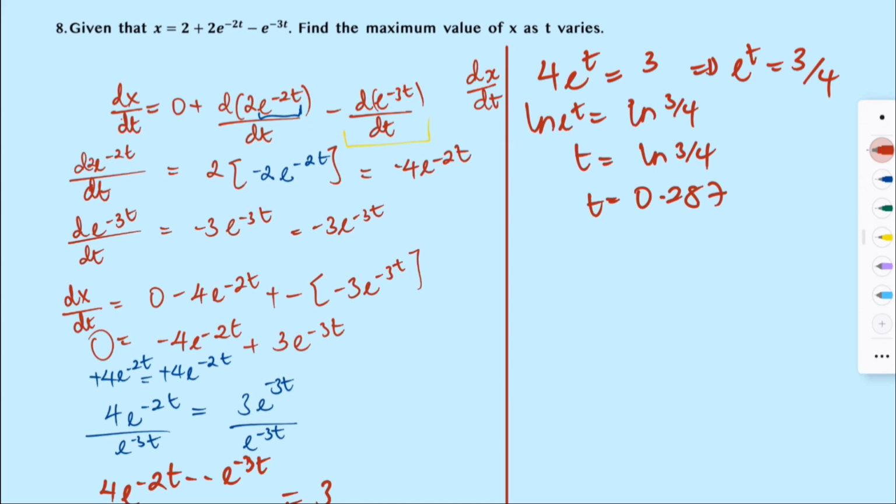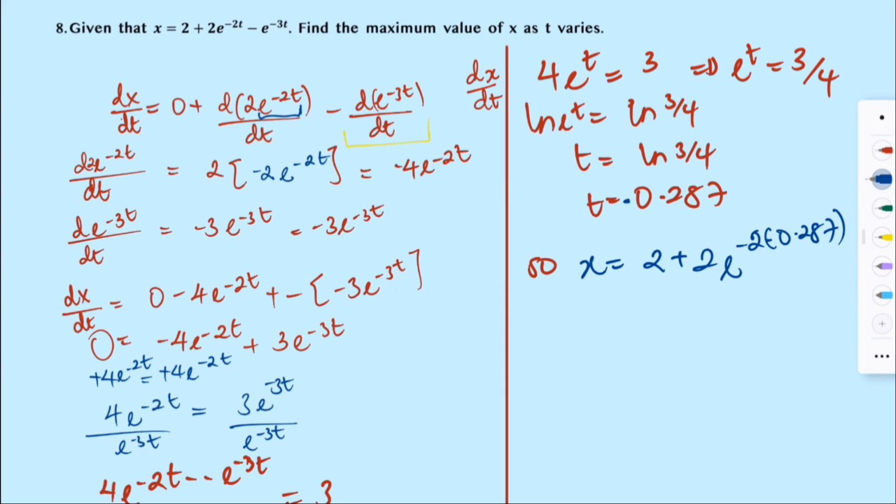Okay, now that we know where this maximum occurs, or what time it occurs, we can substitute to get the x value. So x would be 2 plus 2e to the power minus 2 times 0.287. This is a negative number.